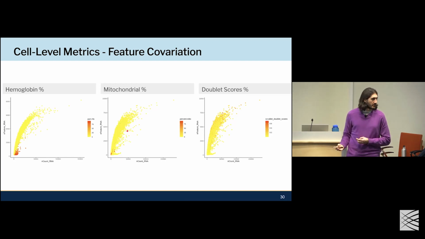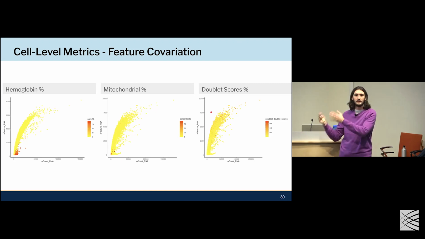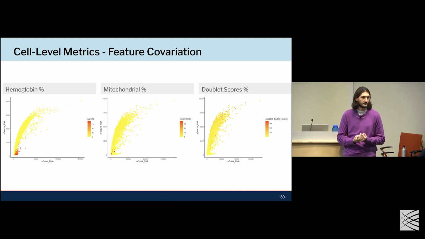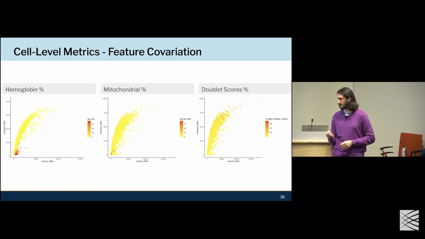Most likely it's a low quality cell, but I'm going to show an example of when it's not a low quality cell and why we need to be careful with this. I also like to color this same plot by the doublet scores, because one of the things we could think is that cells in the top right corner could be doublets because they have double the genetic material, so we expect a slightly higher number of counts and features detected.